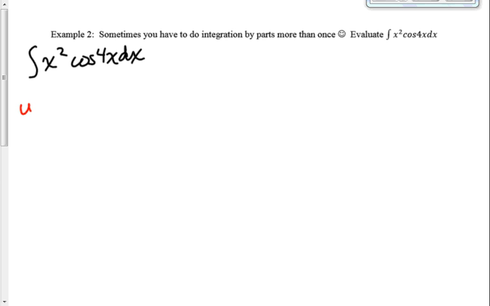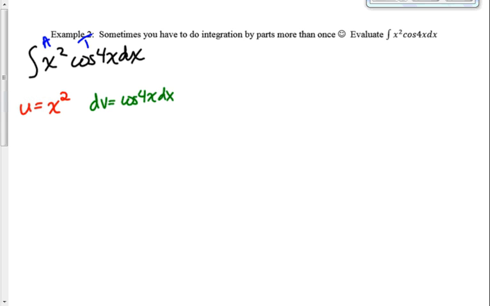And I have two terms, and my two terms are x squared, which is algebraic from isolate the a, and cosine, which is trig from isolate the t. And so the first one I want to use is algebraic, comes before trig. So my u is going to be x squared, which means I now know my dv is the other term I have left over, which is cosine of 4x dx.